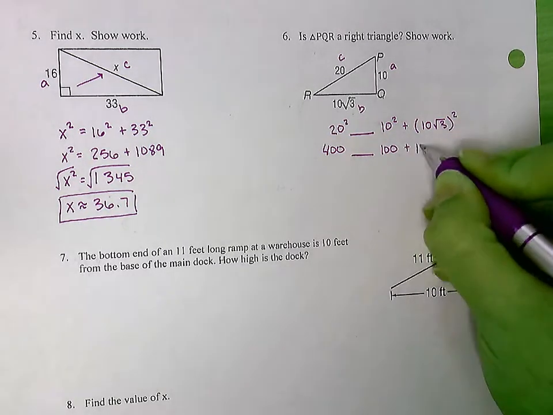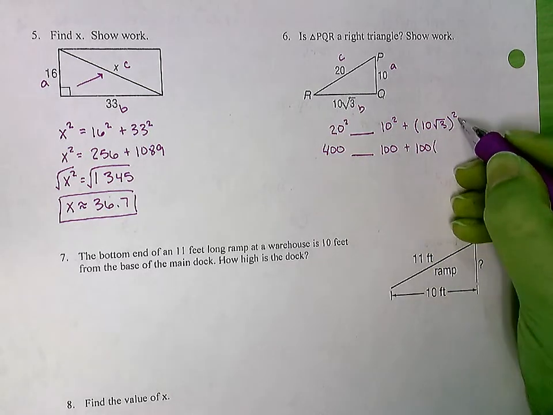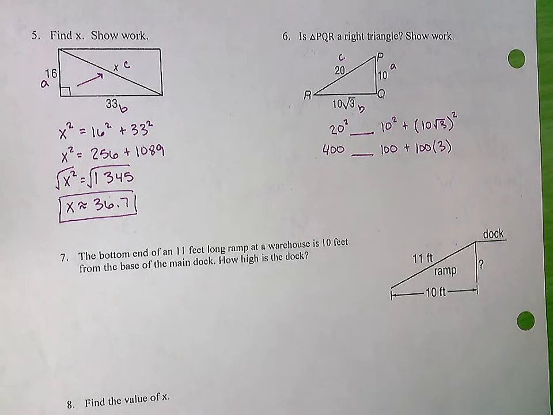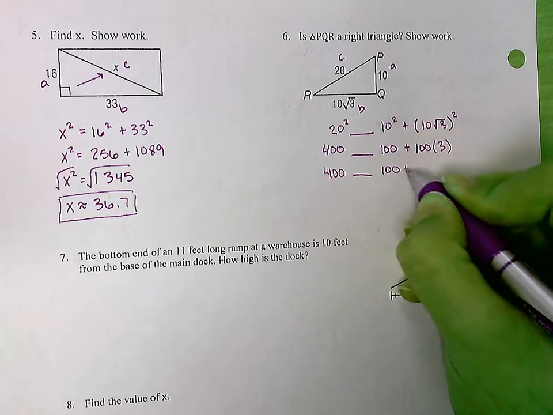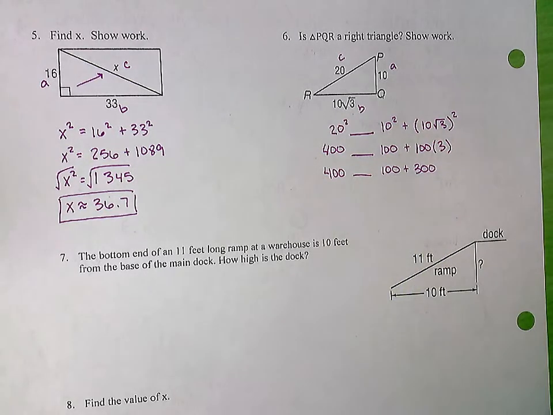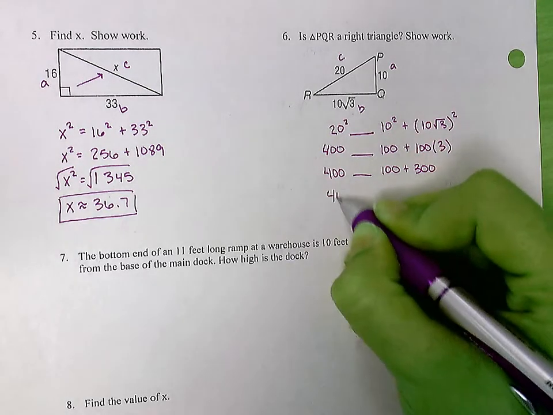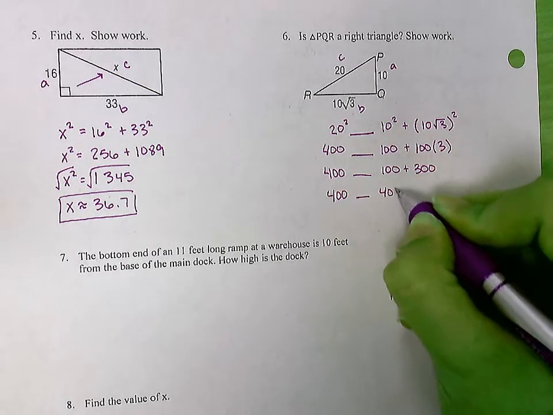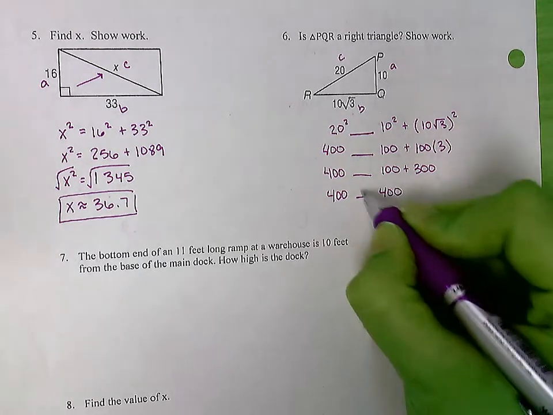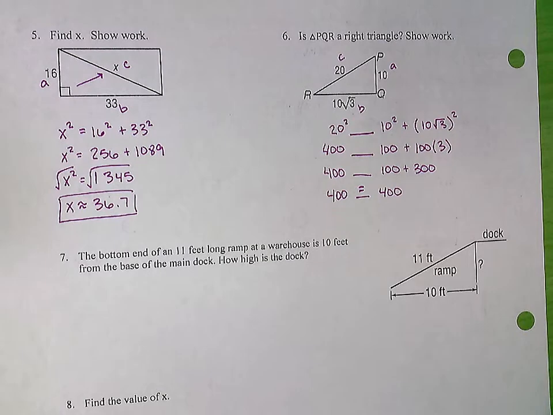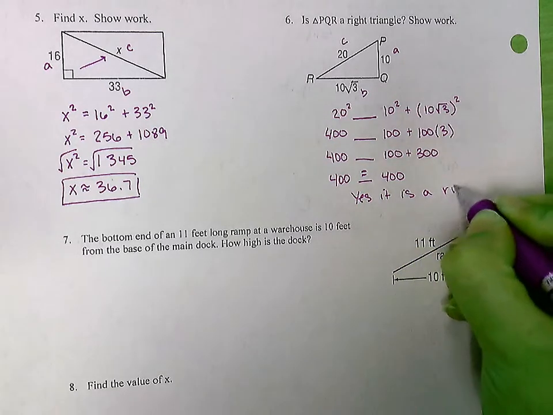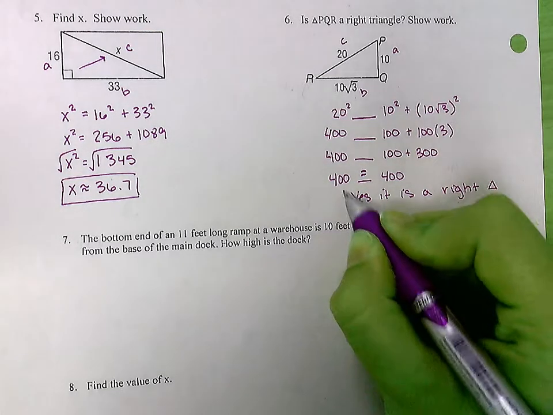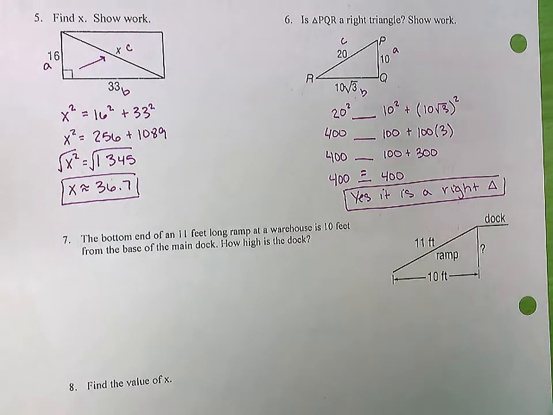So we have 10 squared is 100 times square root of 3 squared is 3. So we have 400 compared to 100 plus 300. So 400 compared to 400. So yes, those are equal. So yes, it is a right triangle. Questions on that one?